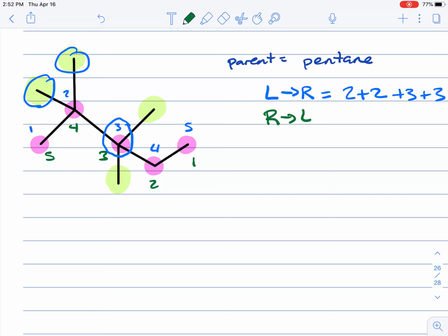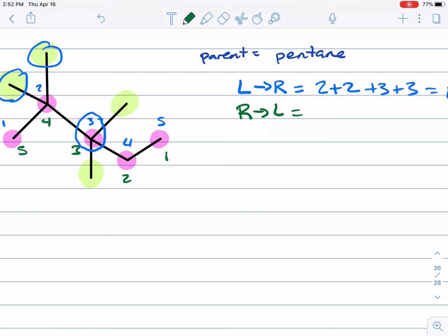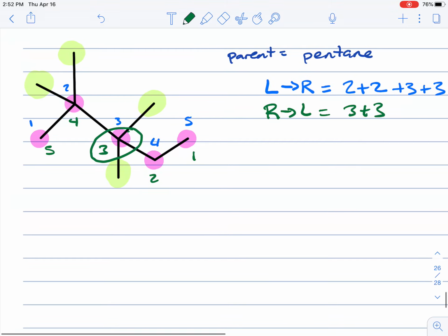Okay. Let me just erase this. Oh, okay. All right. So if I look at this, I have 2 substituents on carbon 3, so I'm going to put 3 plus 3.